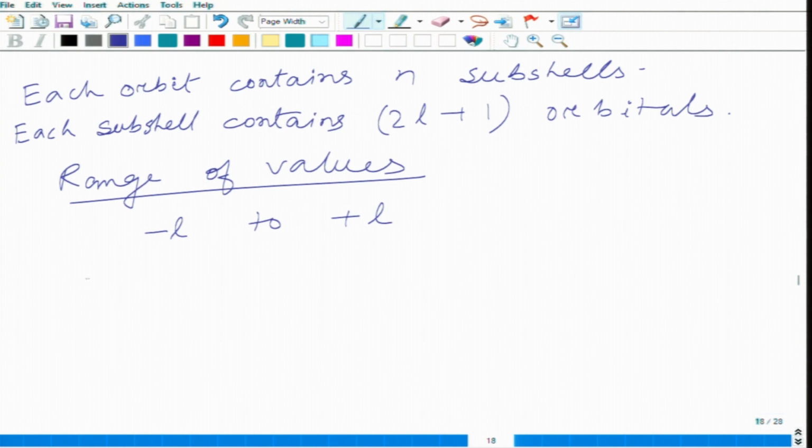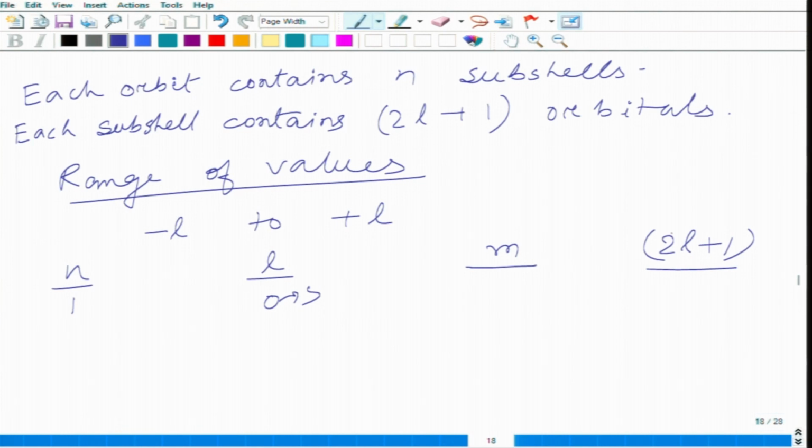So, let us say n, L, m and 2L plus 1. Okay. So, if n is equal to 1, then L will be 0. Now, what will be the number of orbitals in this subshell, that is the s subshell?